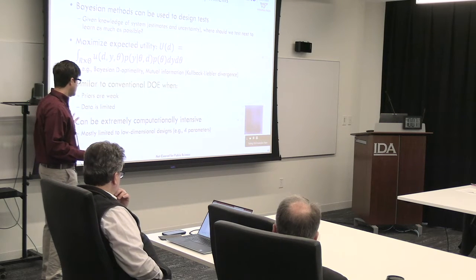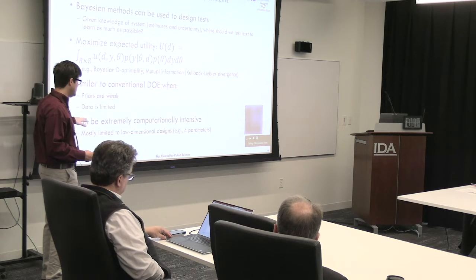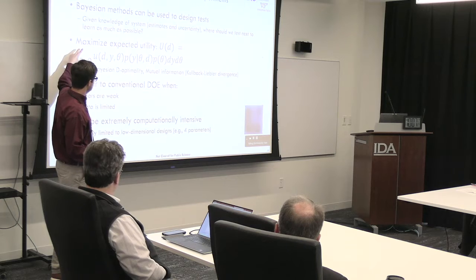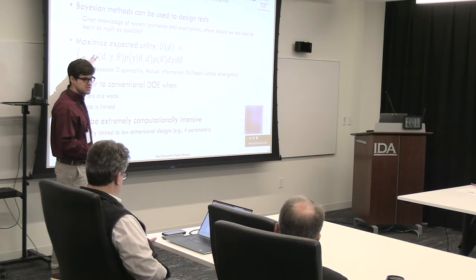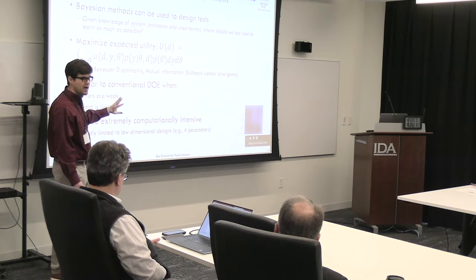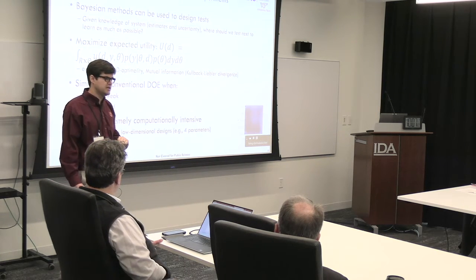One common concern with Bayesian design of experiments is that it's really hard to compute this integral that you need to choose what the optimal experimental design is.